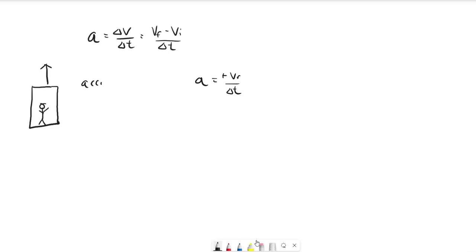Okay, let's go ahead and fix this. Accelerate up. So when you're accelerating up initially, you're going to have a positive acceleration. And then if you're going up, you still have to come to a stop when you get up to the higher floor. So you're now decelerating. The next step when you're moving up is decelerating in the upward direction.